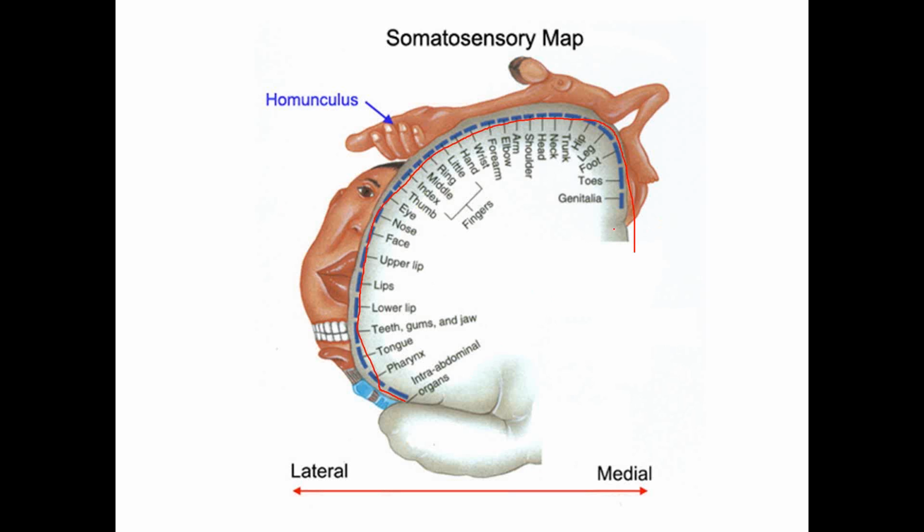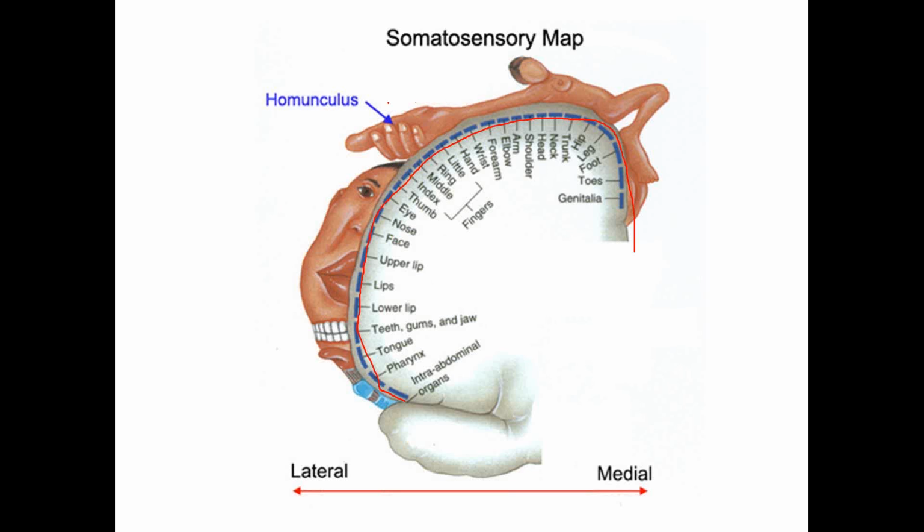We can map the different areas of responsibility, so where the sensation is coming from. On top of that, a body has been drawn with proportions that match the size of the region of the brain that serves them.